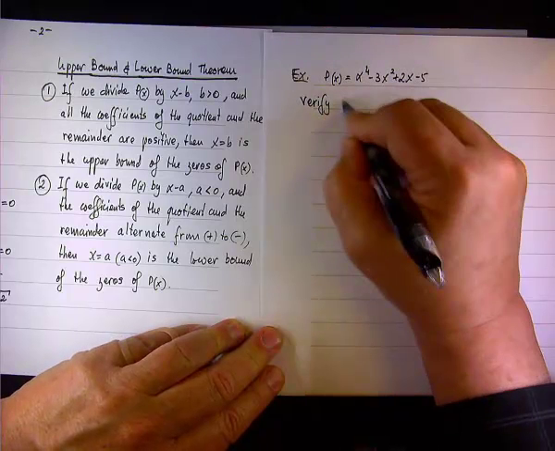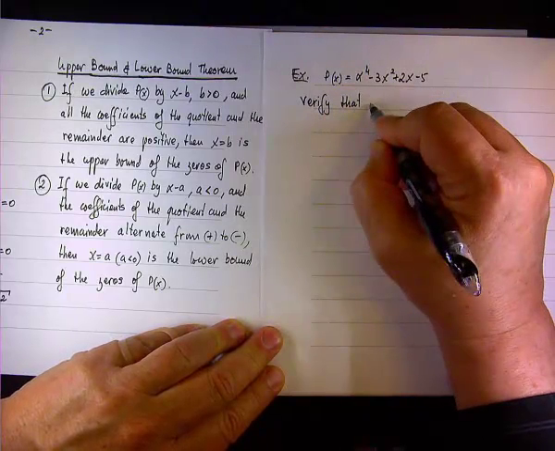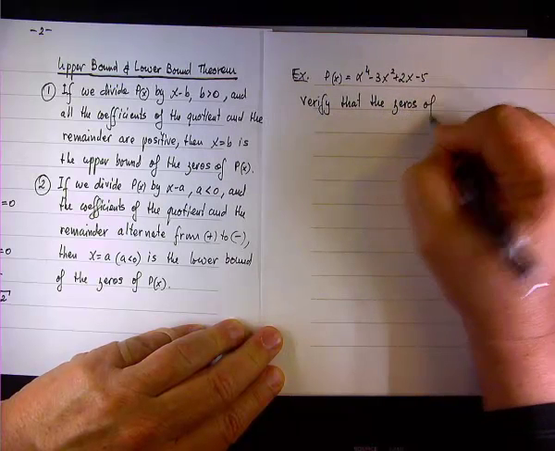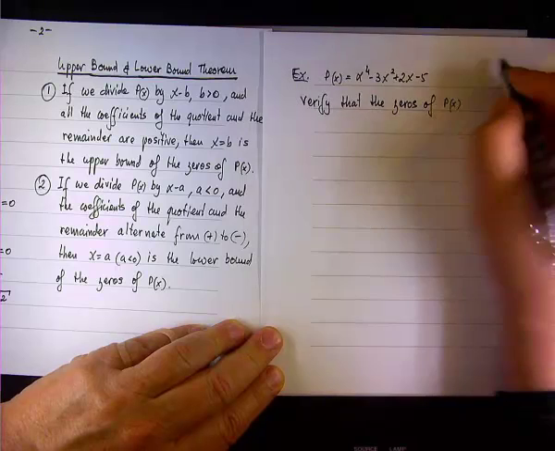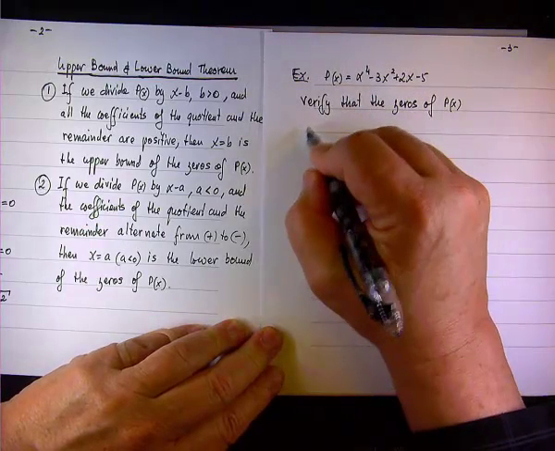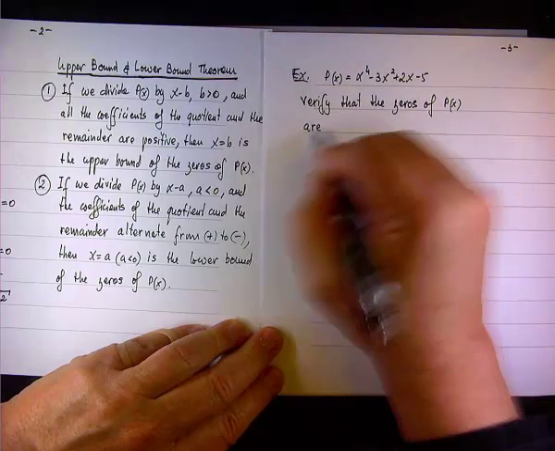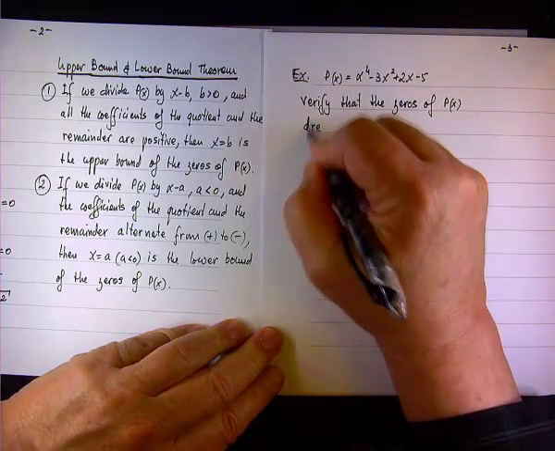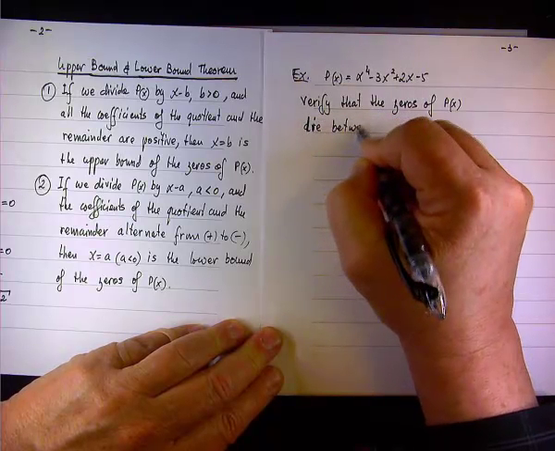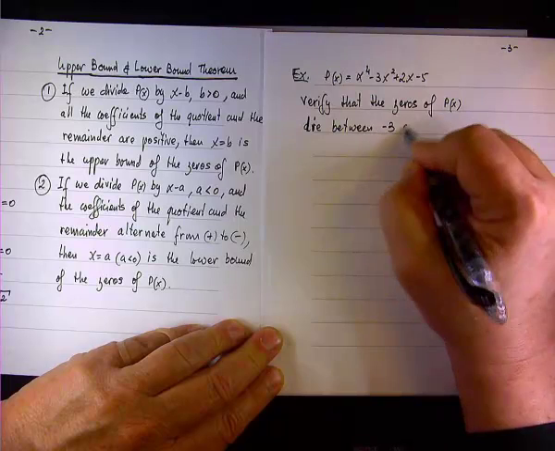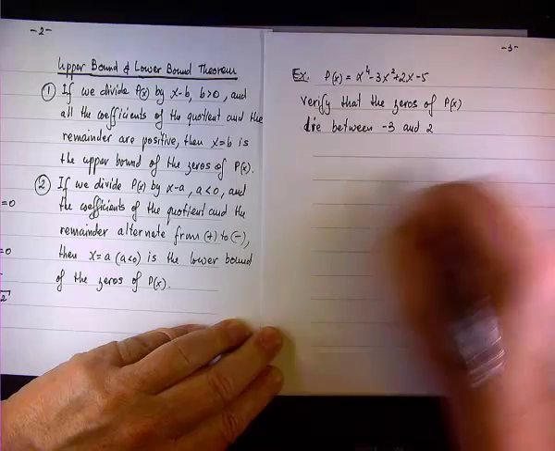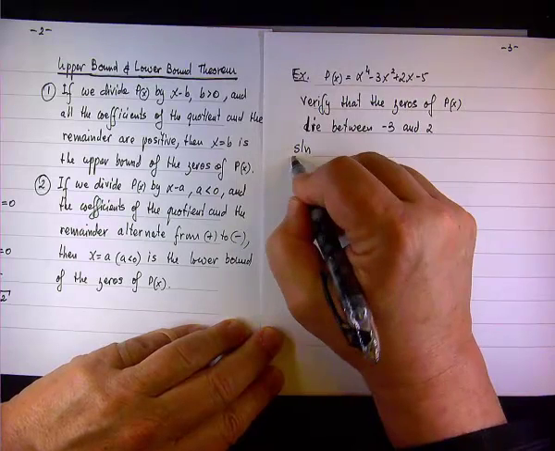And we want to verify that the zeros of p of x lie between -3 and 2.